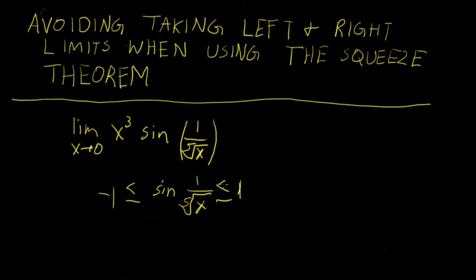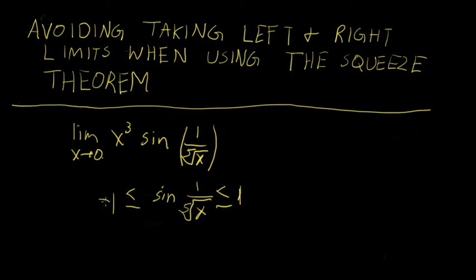And because of this, we had to consider the left and right limits separately. So we had to separately consider the limit as x approaches 0 from the left and the limit as x approaches 0 from the right.